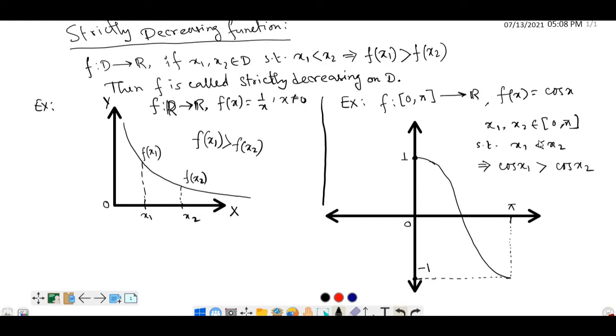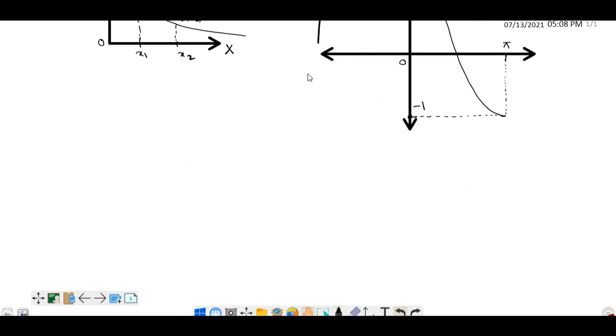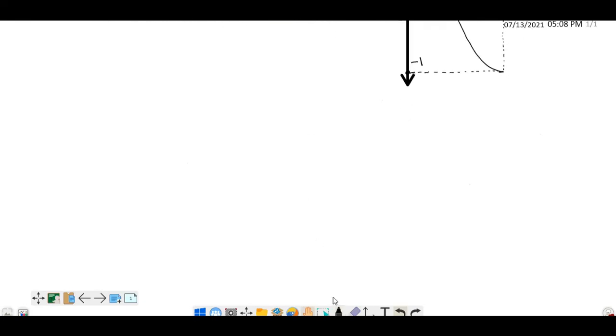So these are the definitions and examples of increasing and decreasing functions. Now we have to come to the explanation using the idea of derivative. First of all, let us see what the significance of the derivative is.